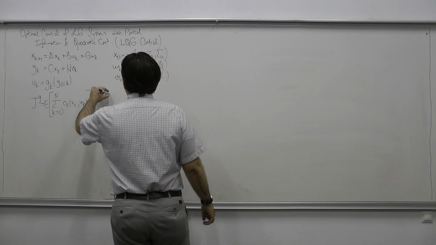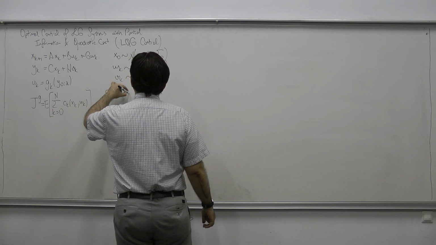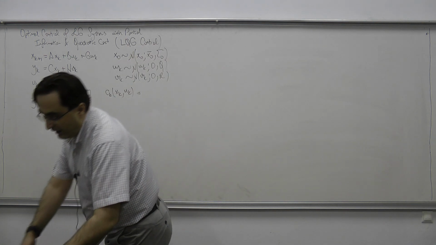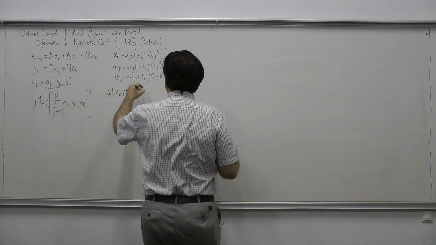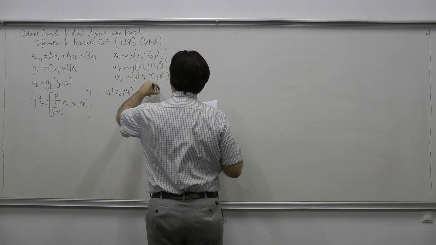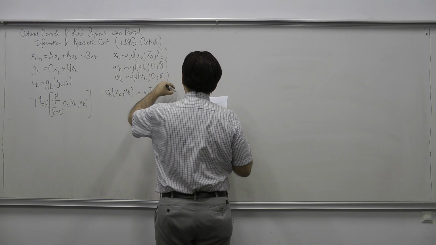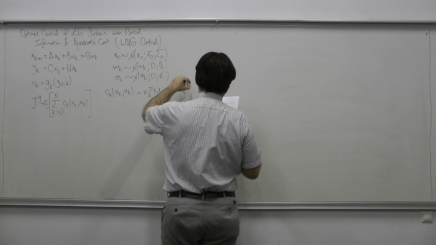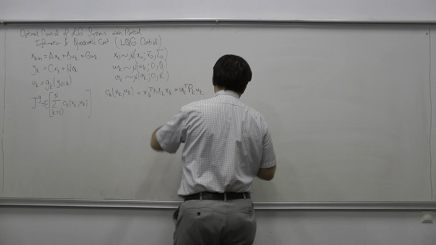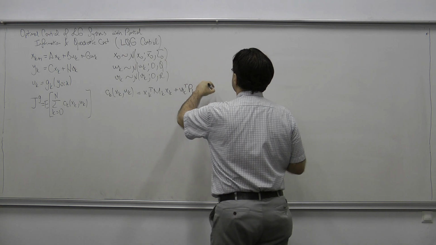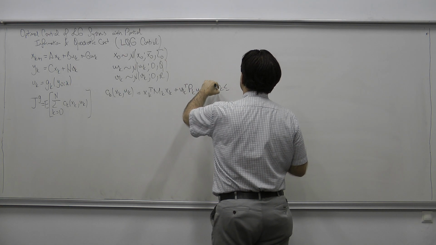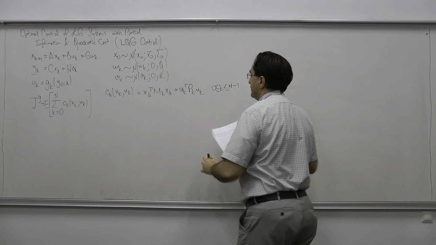So here we have ck of xk, uk, which is going to be xk transpose Mk xk plus uk transpose Pk uk. And this is true when k is between 0 and n minus 1.